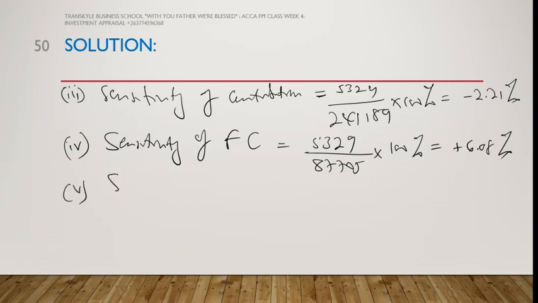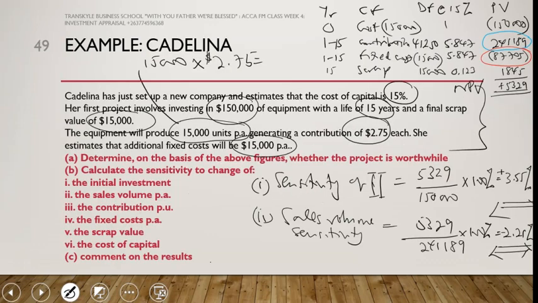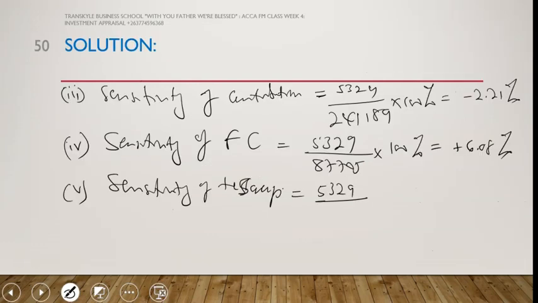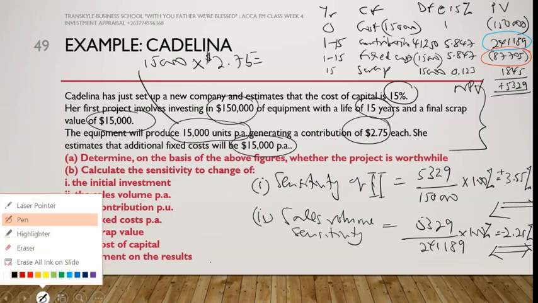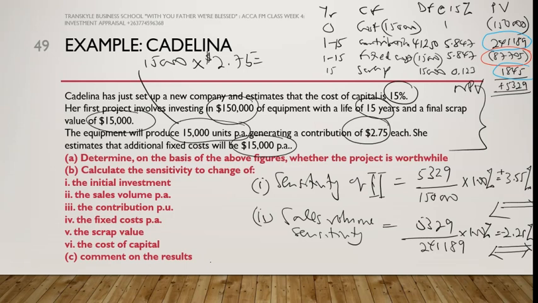Then the sensitivity of the scrap value. Remember, scrap value is an income. Remember this is the scrap, ladies and gentlemen. Always put the NPV on top over the scrap value. The final scrap value is 15,000, but after discounting, remember we are going to use discounted values, so the PV value.